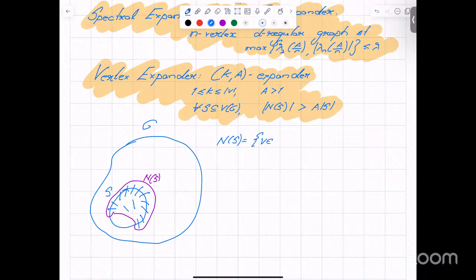It's the set of all v such that there exists a u in S with uv connected.